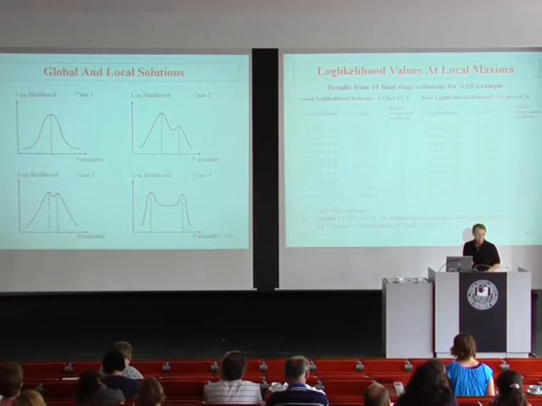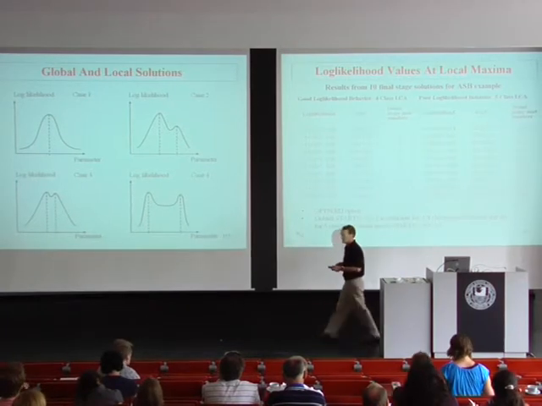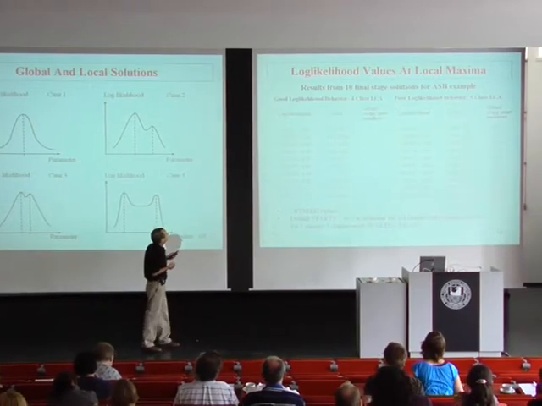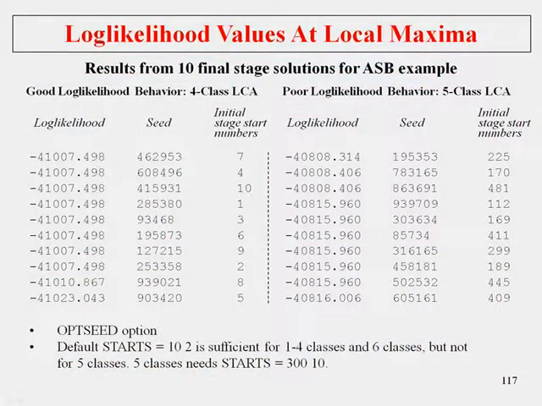If you take this example of ASB, antisocial behavior, on the left part here, you have the 4-class solution, and on the right you have the 5-class. And what we're looking at here are the log likelihood values for 10 different starting value sets. So you do 10 analyses here. Actually, you do many more, but in the final step, you do 10 analyses.